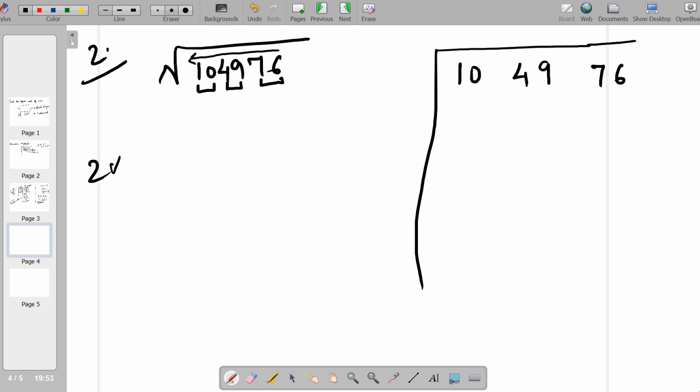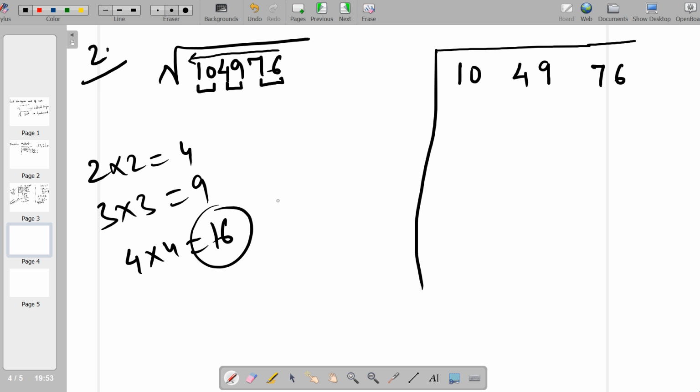If we check, 2 twos is 4, 3 threes will give you 9, and 4 fours will give you 16. So 16 is the greater value. This case is not working. So we'll start with 3. I'm writing 3 here. 3 threes are 9. Subtract it. You will get 1.